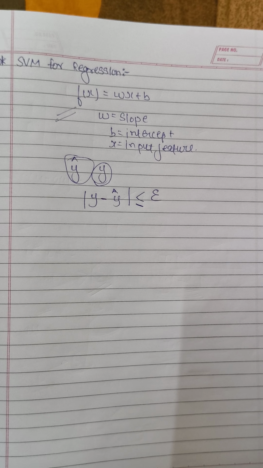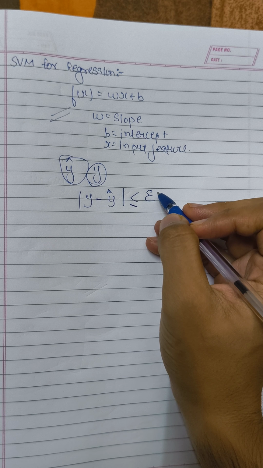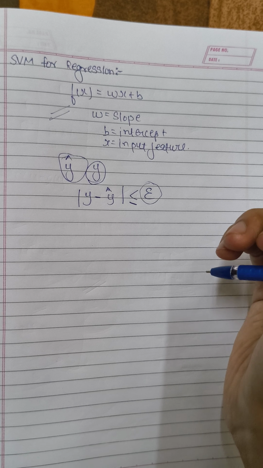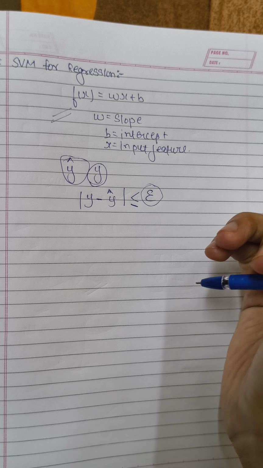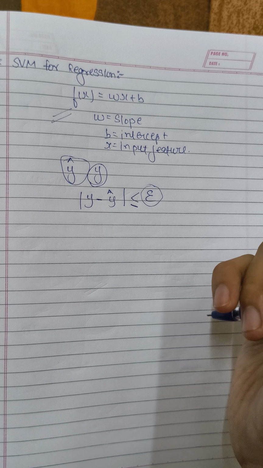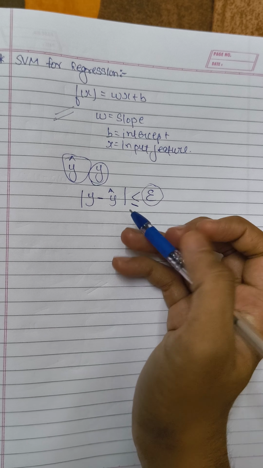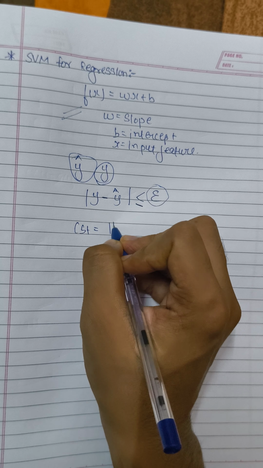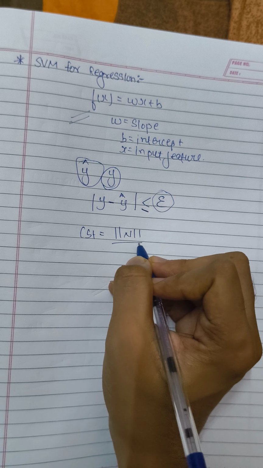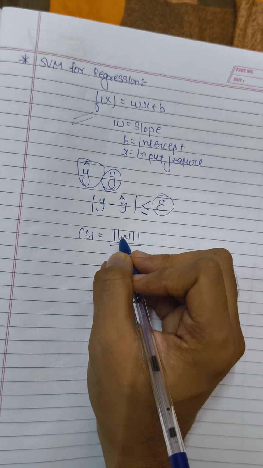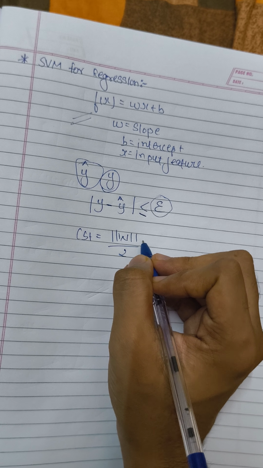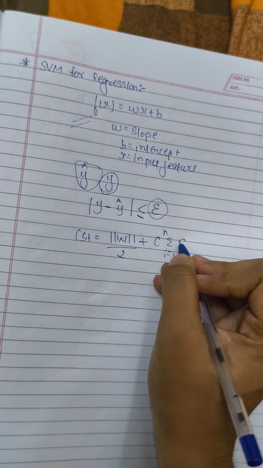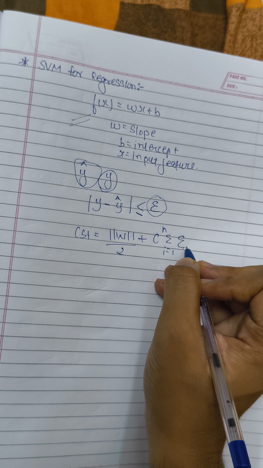And if the error is greater than epsilon, then we apply a penalty called the slack variable, and the cost function for our SVR model becomes the cost function divided by 2. Okay, and then the sum over i equal to 1 till n of the slack variable.